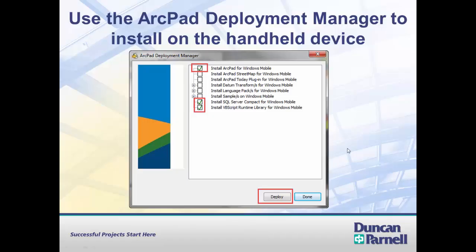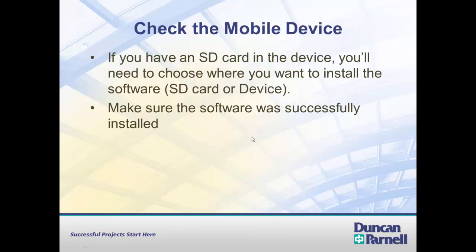Note that if you have an SD card in your device, you'll need to choose where you want to install the software. And then make sure that your software was successfully installed.